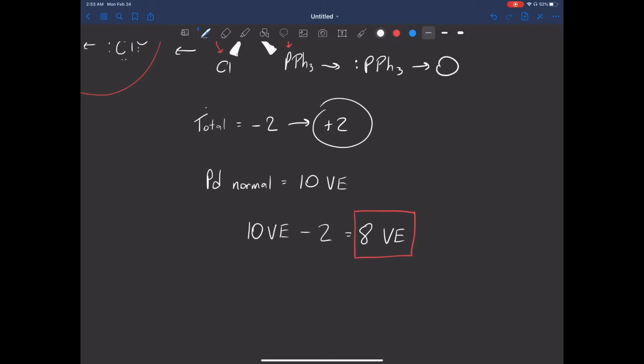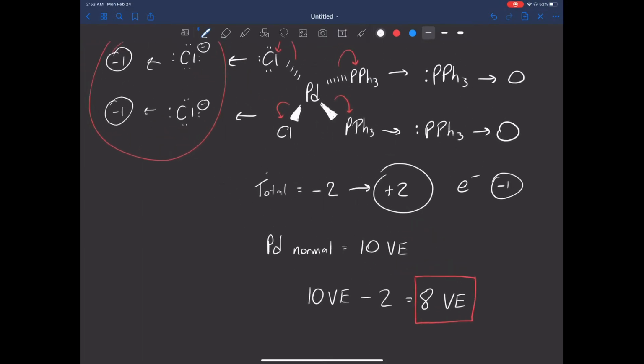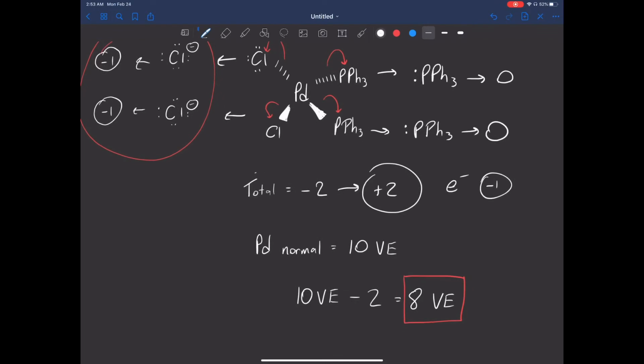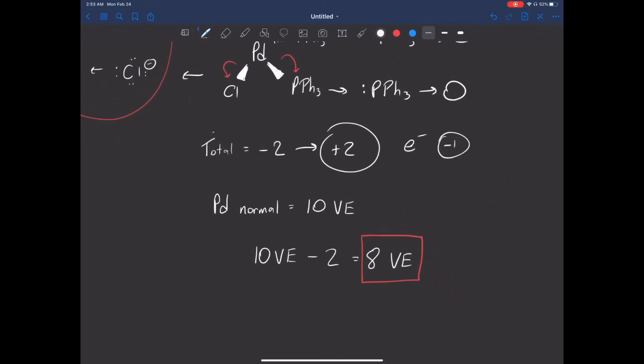Remember that electrons have negative charges. More specifically, it's a -1 charge. And so these chlorines each have a negative charge. And so instead of the metal contributing those electrons, the chlorines do. And so our oxidation state tells us how many electrons our metal is lacking. All right?